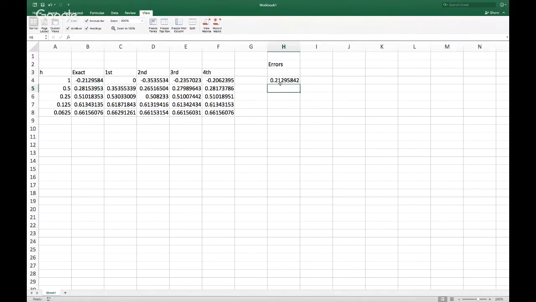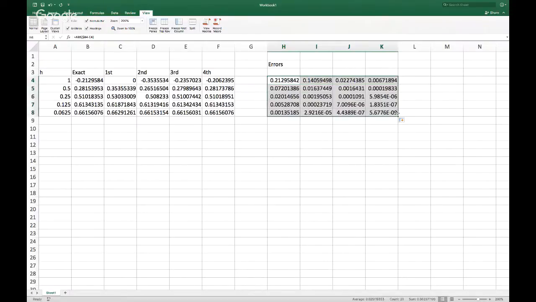That's the one for the first order. So all I have to do now is go across, and then copy it down. There we go. So there's my errors. So that's your first, second, third, and fourth.